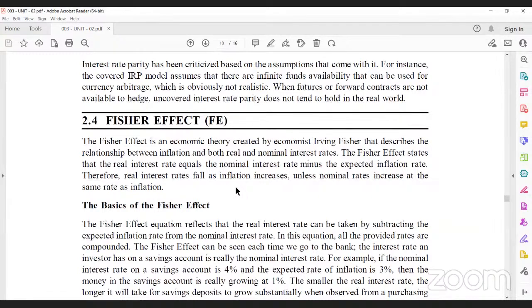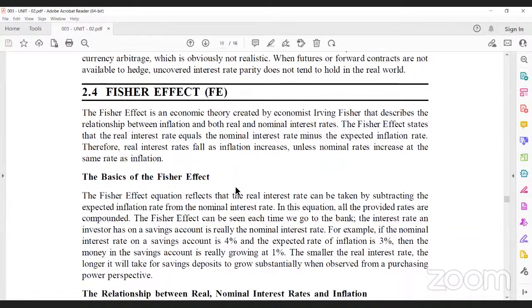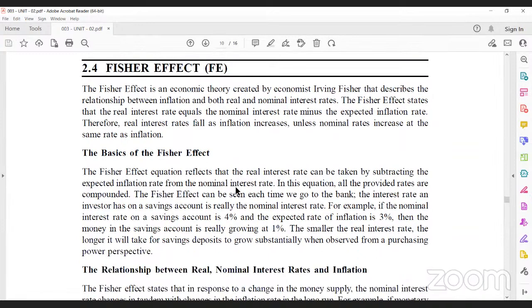Okay, let's move on to understand the Fisher effect. The Fisher effect is an economic theory created by economist Irving Fisher that describes the relationship between inflation and both real and nominal interest rates.